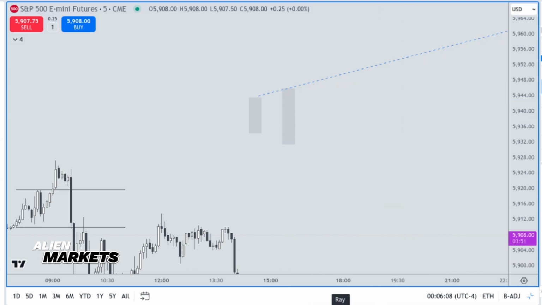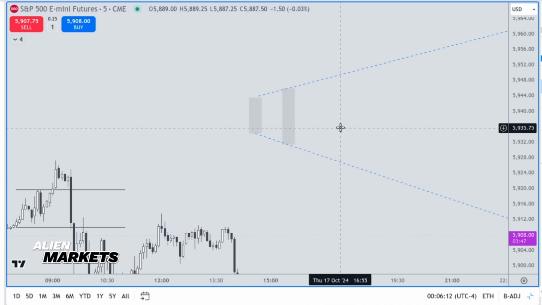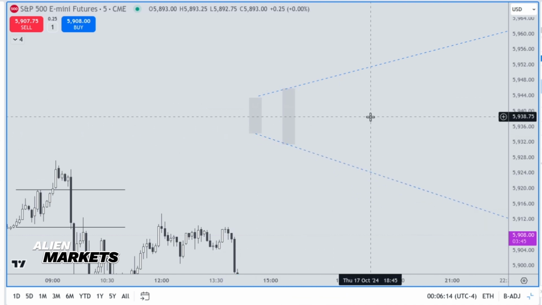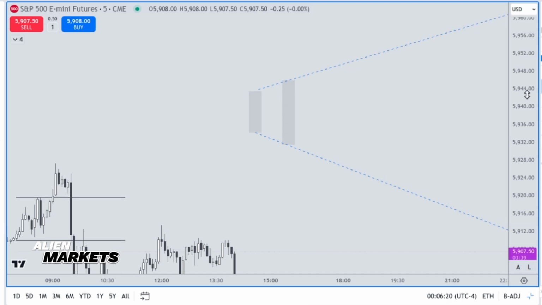As we know, Larry Williams used outside bars in order to take advantage of reversals and make some money with it. So that's where I took the idea.